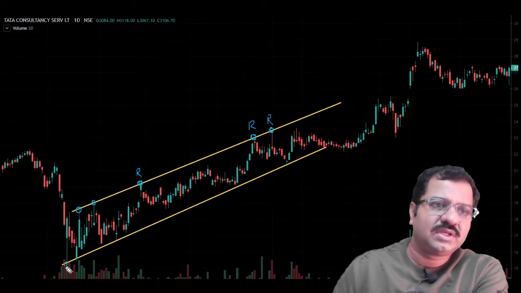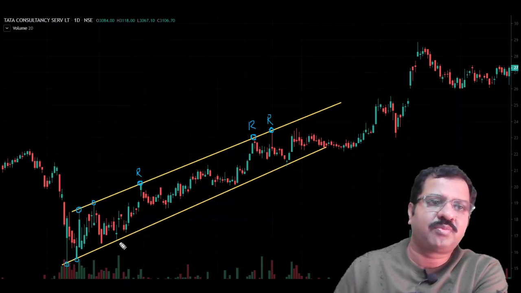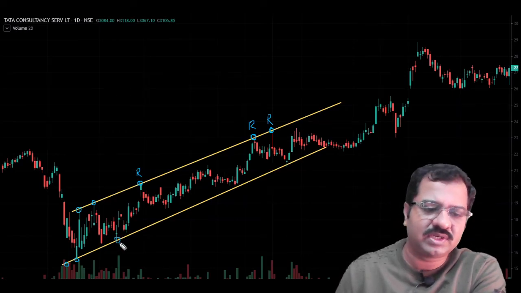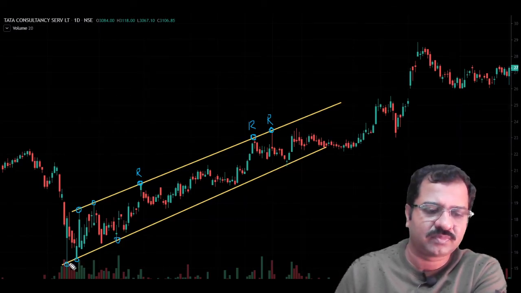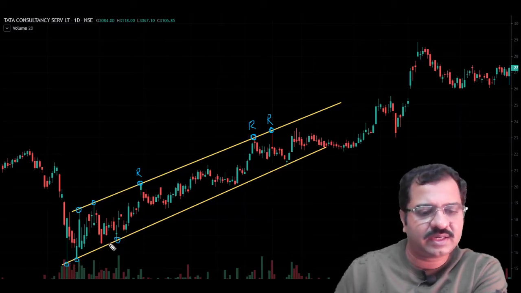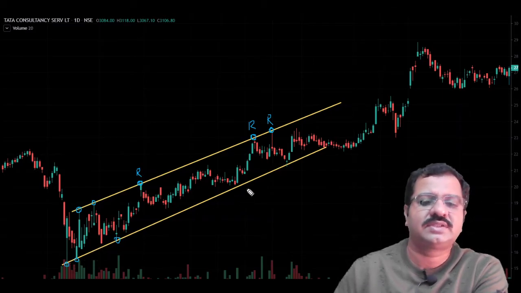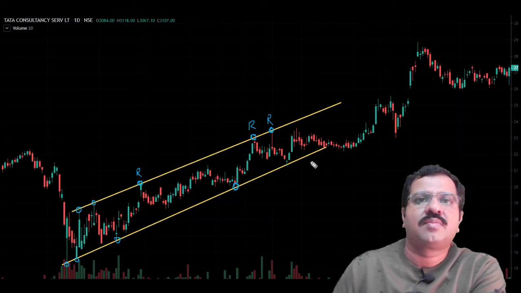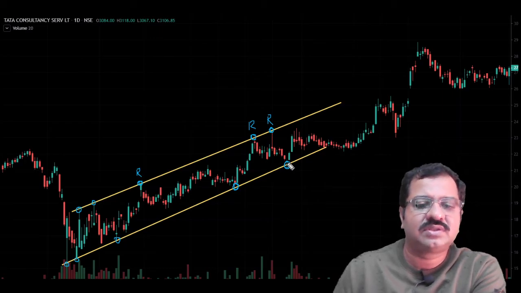If you see here, these are support points where price reversed whenever price touched them. If I connect these points and extend it, you can see that price reversed from this level and went up.